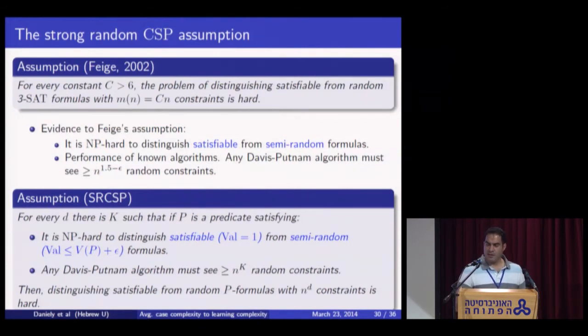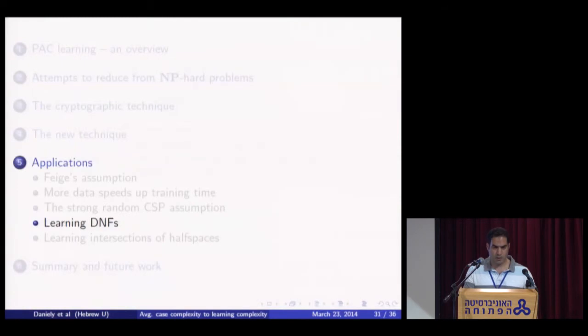And second, when any Davis-Putnam algorithm that we apply to this problem will need many more constraints than n^d. So this is the assumption. It is a strong assumption, I admit it. And in the last slide, we'll talk about some future work and possibilities to prove the result I present based on less strong, weaker assumptions.